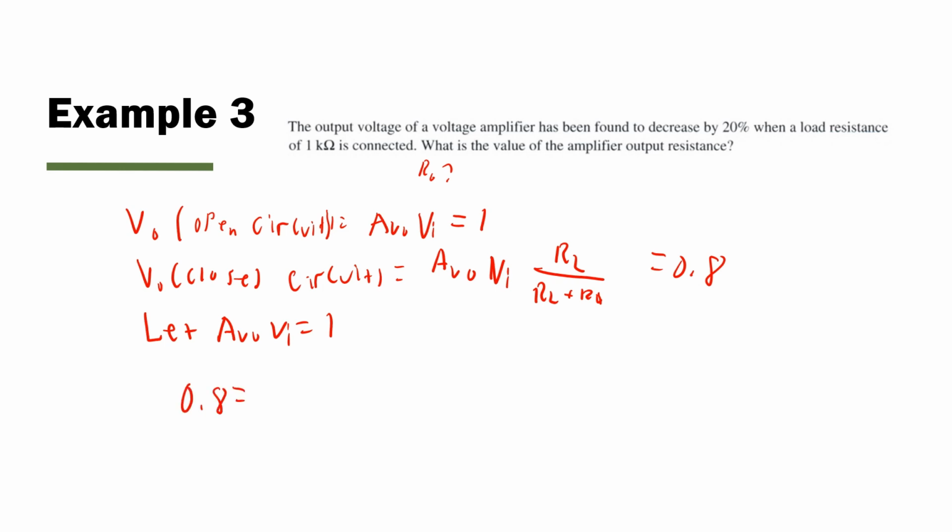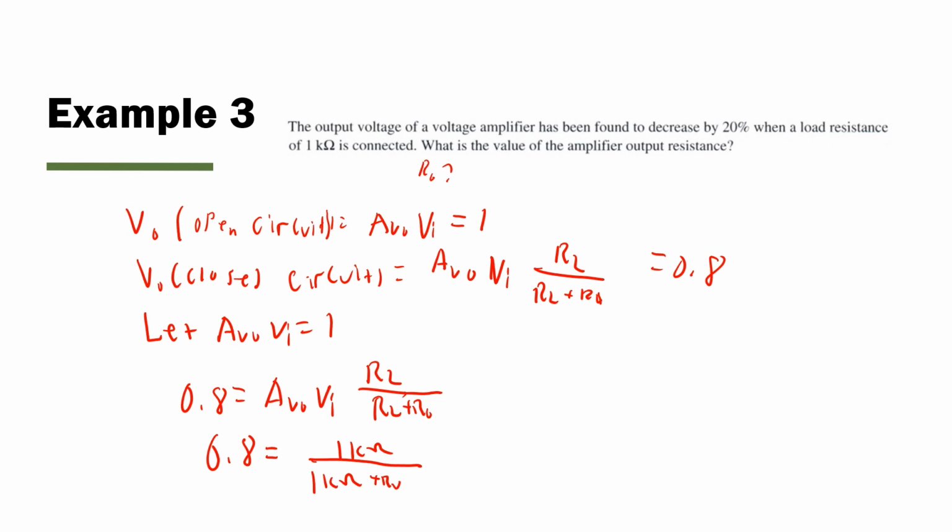So you have 0.8 is equal to AVO times VI times RL divided by RL plus RO. Now we already stated that AVO times VI is equal to 1. So we get 0.8 is equal to the load resistance of 1 kilo ohm divided by 1 kilo ohm plus the output resistance, which is what we're going to solve for.